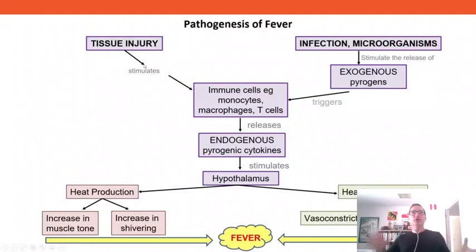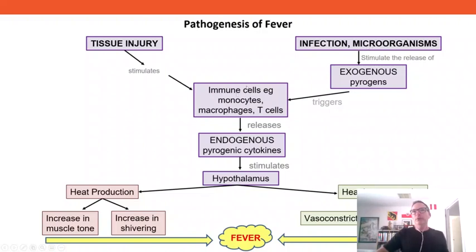So we've got either tissue injury that directly stimulates our immune cells and monocytes, etc., or we've got an infection, including microorganisms, and they're also producing exogenous pyrogens. So a pyrogen is a chemical that stimulates fever, and exogenous means it's from outside the body. So in other words, these pyrogens are coming from the microbes themselves.